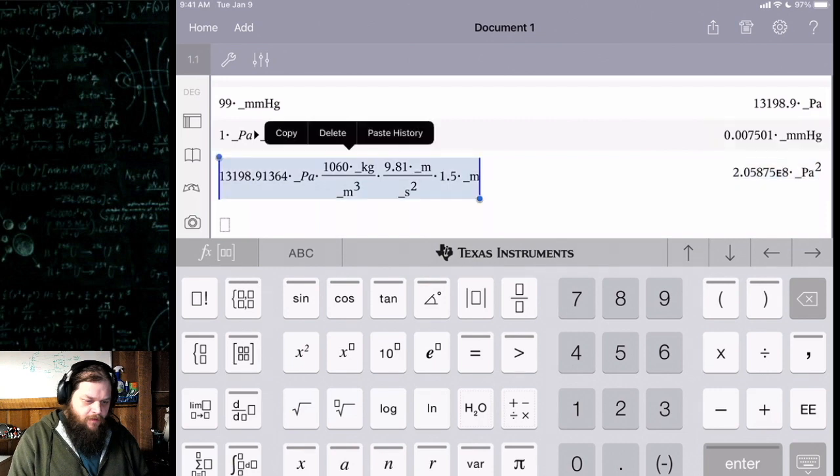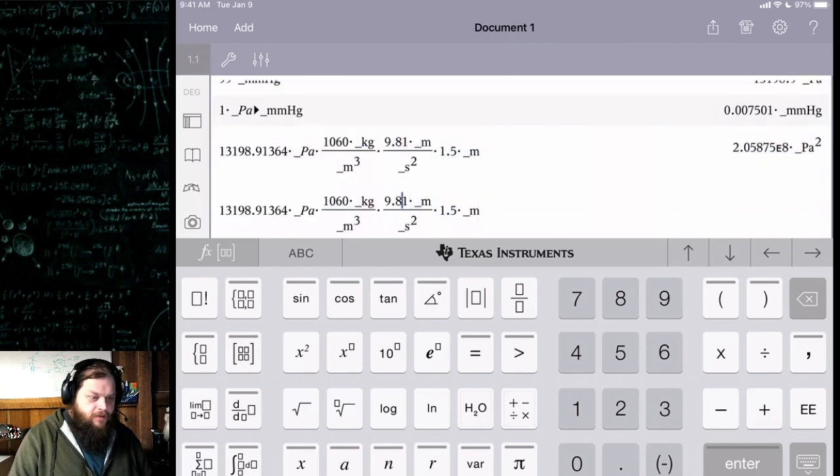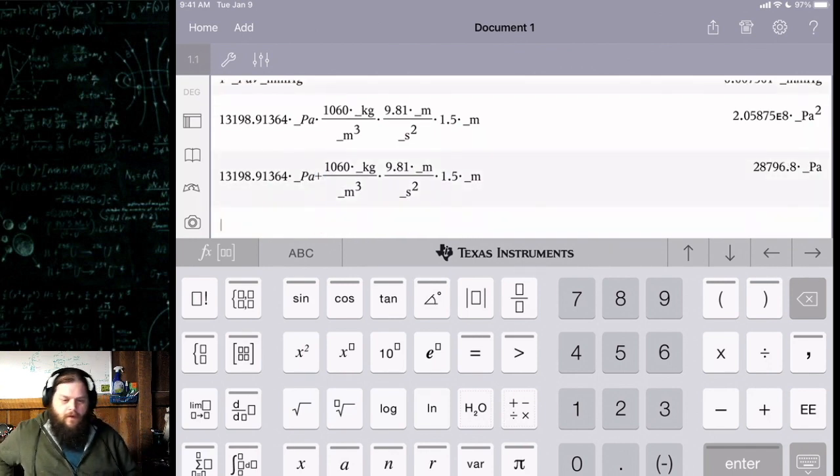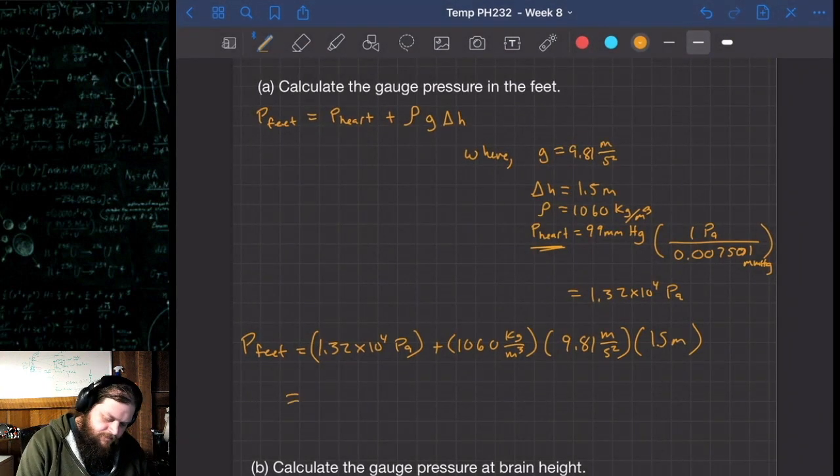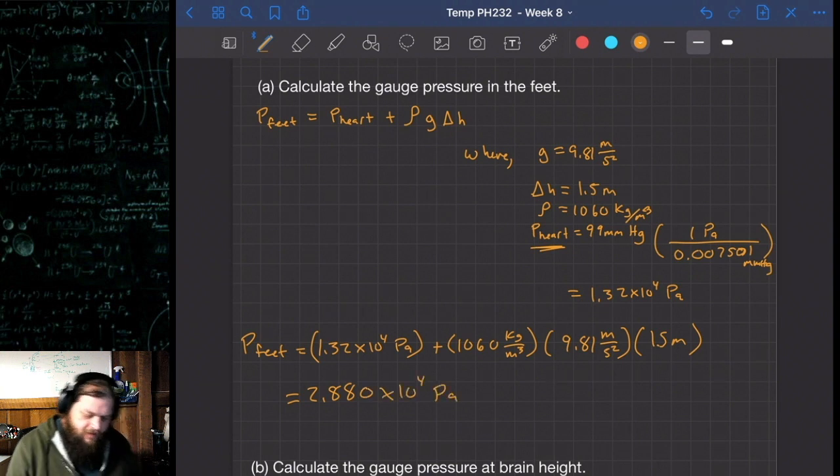Oh, that should be plus, not a times. And it should be 2.880 times 10 to the 4 pascals.